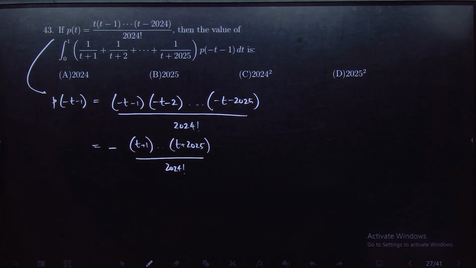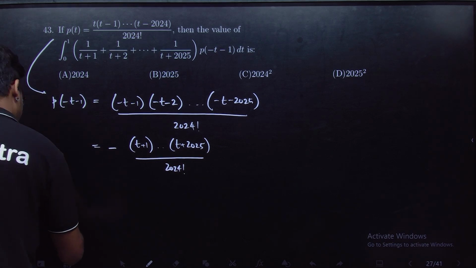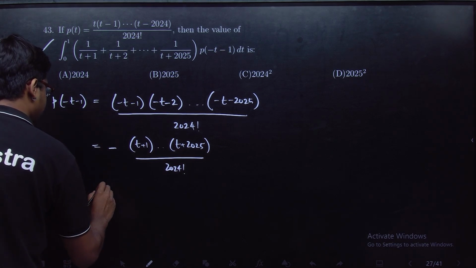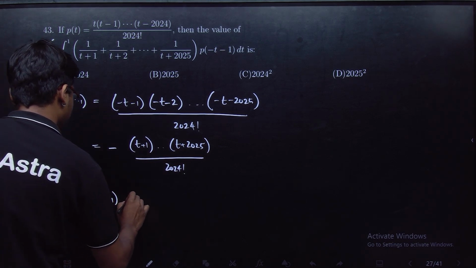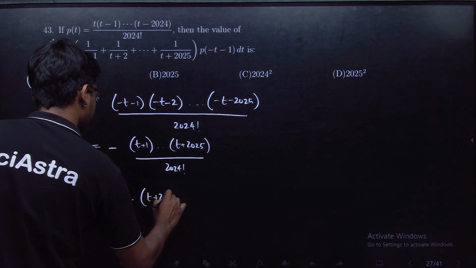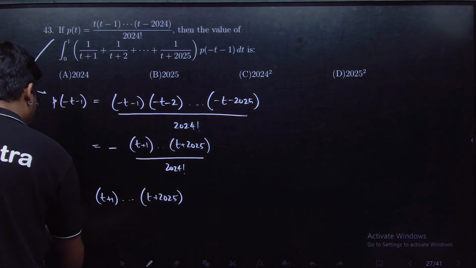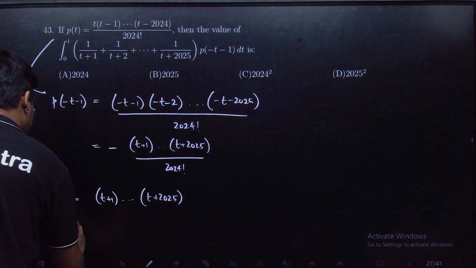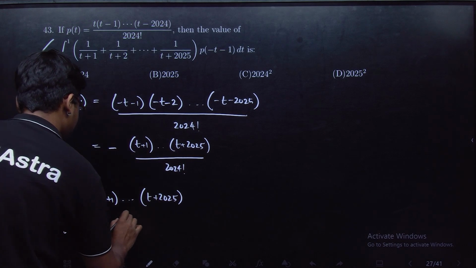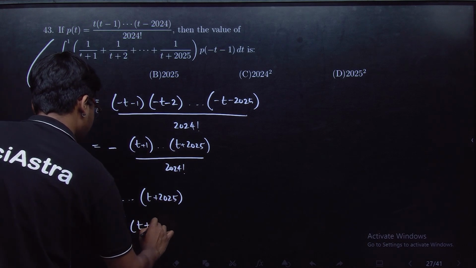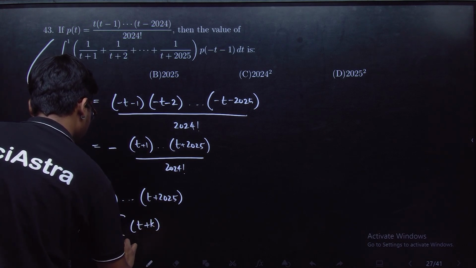Now, observe that if I just consider a new polynomial, let's call it g of t. G of t is just t plus 1 all the way till t plus 2025. Then what is log of g t? The sum of these, right? Summation of log of t plus k, where k ranges from 1 to 2025.